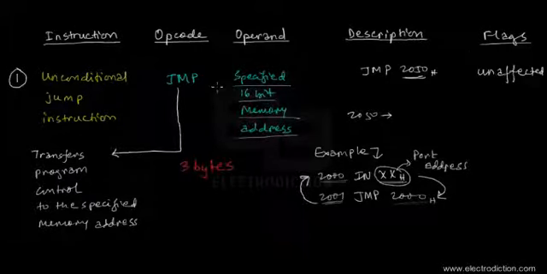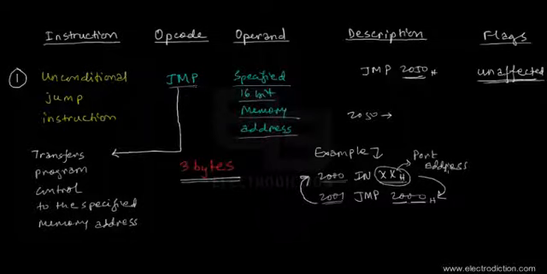And lastly, this unconditional jump instruction is a 3-byte instruction, with 1 byte for the JMP command, and the other 2 bytes for the upper and lower 8 bits of the 16-bit memory address that you're specifying as the operand of this instruction. Also, the flag bits remain unaffected by the jump instruction.